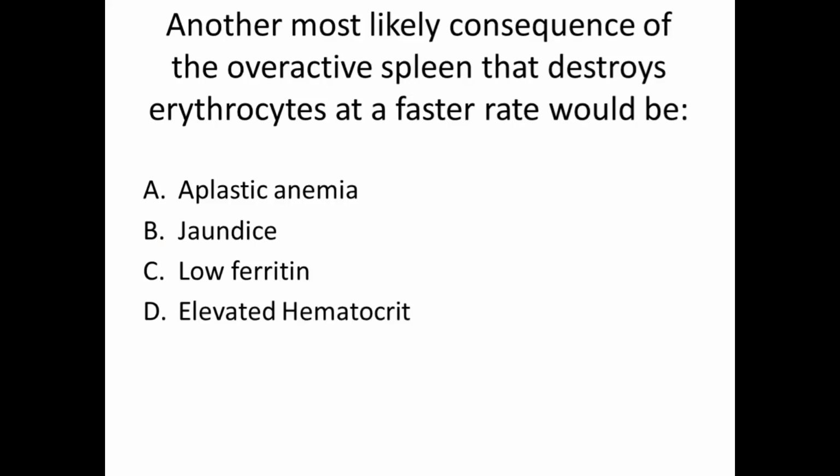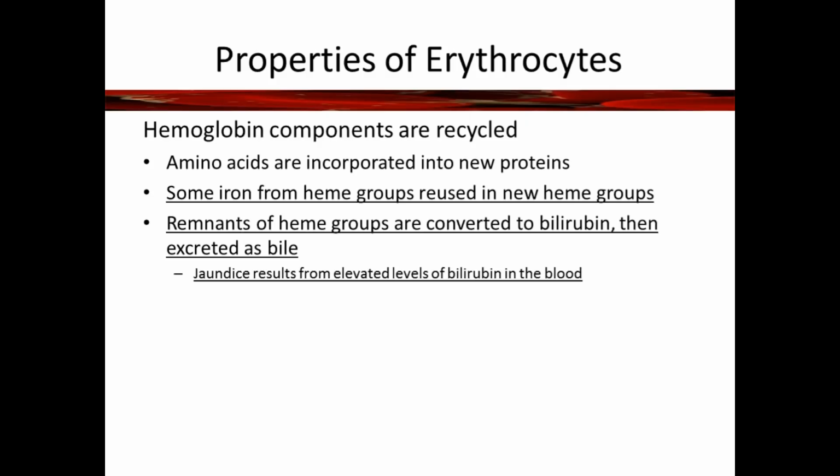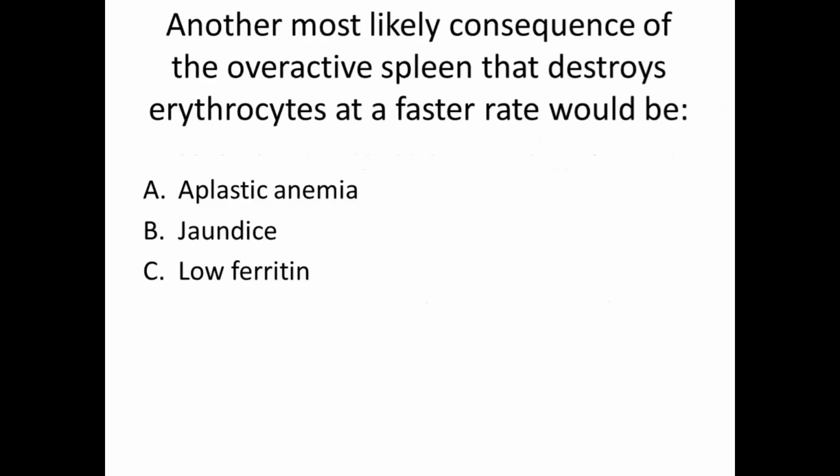Another most likely consequence of the overactive spleen that destroys erythrocytes at a faster rate would be what? Jaundice. Okay, that's cool. So we don't all include this, but essentially, why jaundice? Delivery, bilirubin. Yeah, exactly. So the iron we can restore, we can recycle. The proteins, the hemoglobin, the globulin, we can recycle.